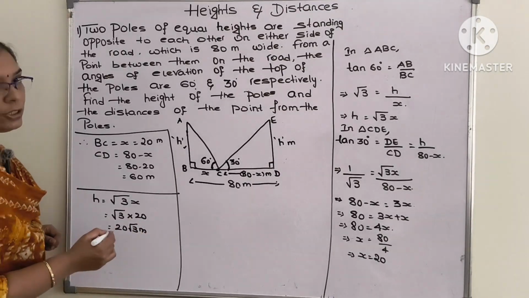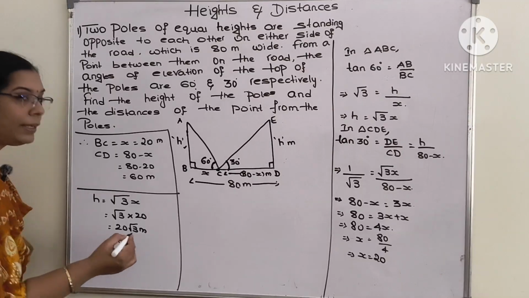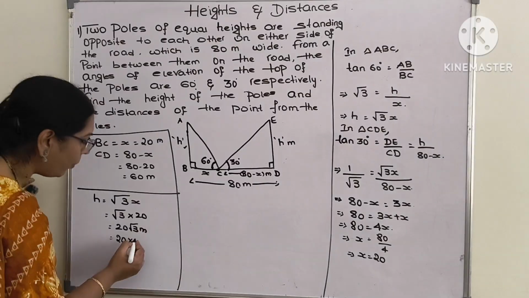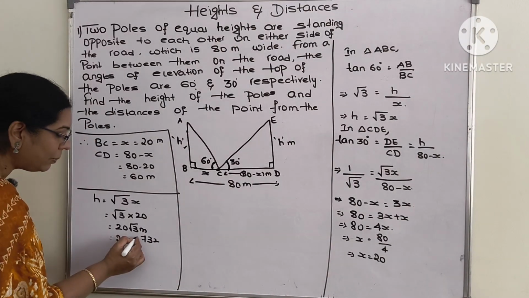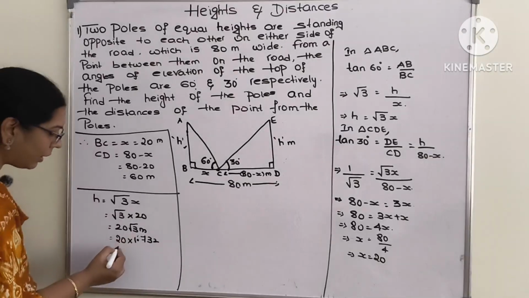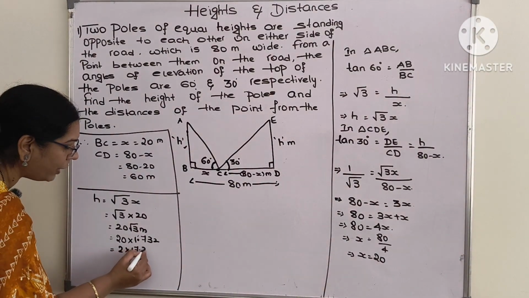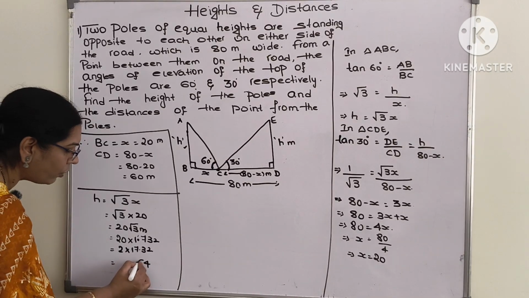But children, please do not leave it like that. Convert that into decimal. So 20 multiplied by, what is root 3? You should know the value, 1.732. Because of this 0, the decimal will move one step to the right. So this will become 2 into 17.32. So when you do the multiplication, it will be 34.64.